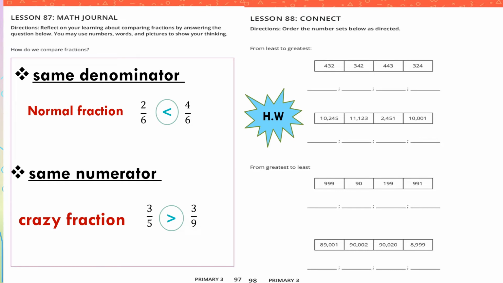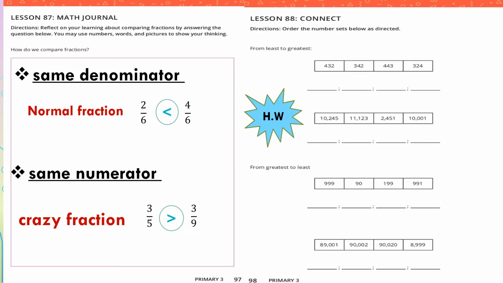Let's start lesson 88, the connect part. Order the number sets below from the least to the greatest. Number 1, we want to start from the smallest to the greatest.